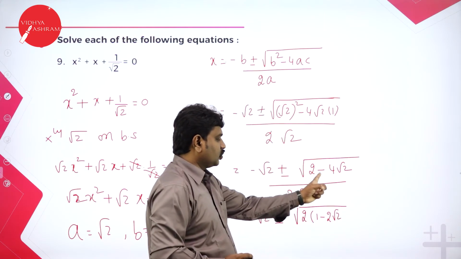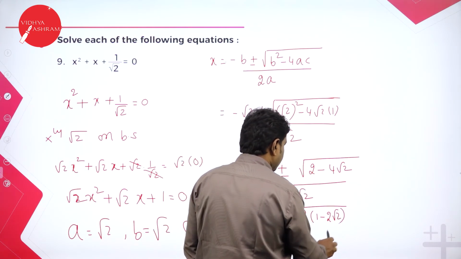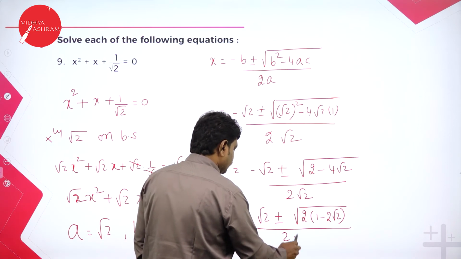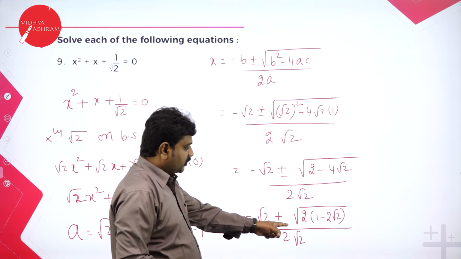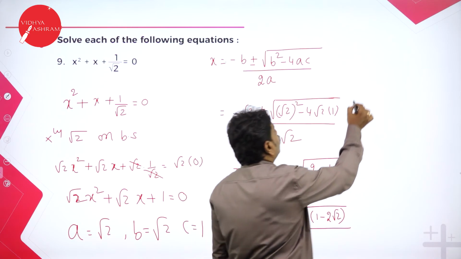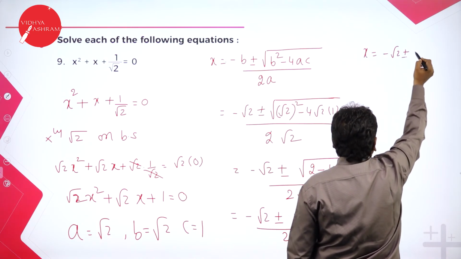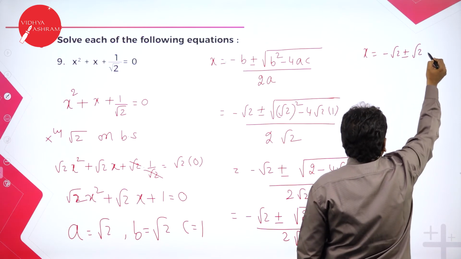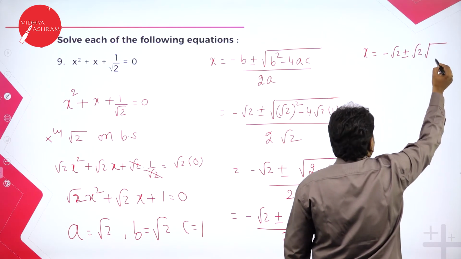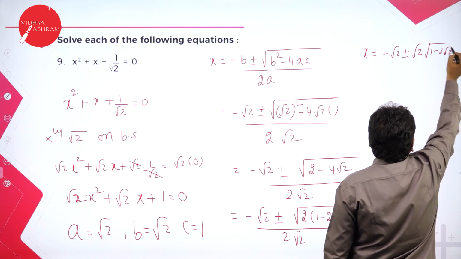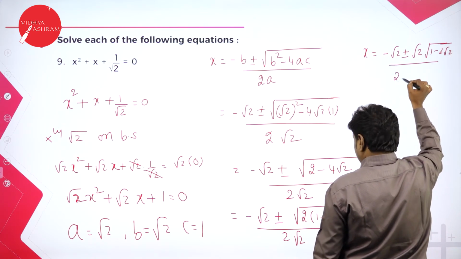In these two, I am taking 2 common, 1 minus root 2, divided by 2 root 2. Can I write like this? Now I can split this root and take out root 2 common. Can I write it as minus root 2 plus or minus root 2? I'll split and the remaining part is 1 minus 2 root 2 divided by 2 root 2.